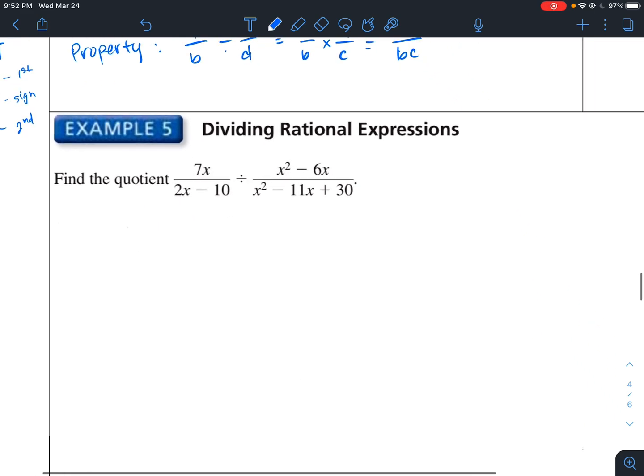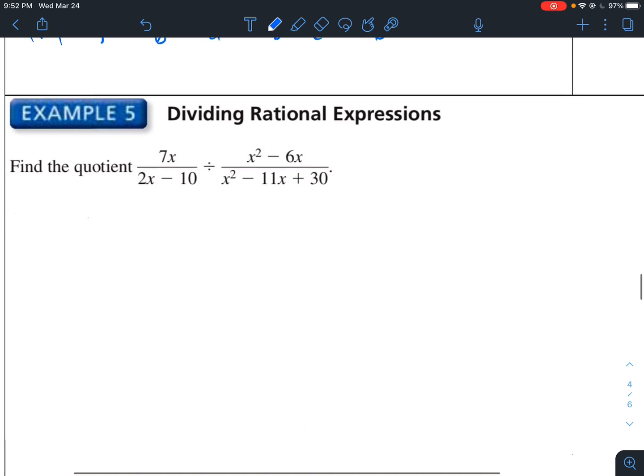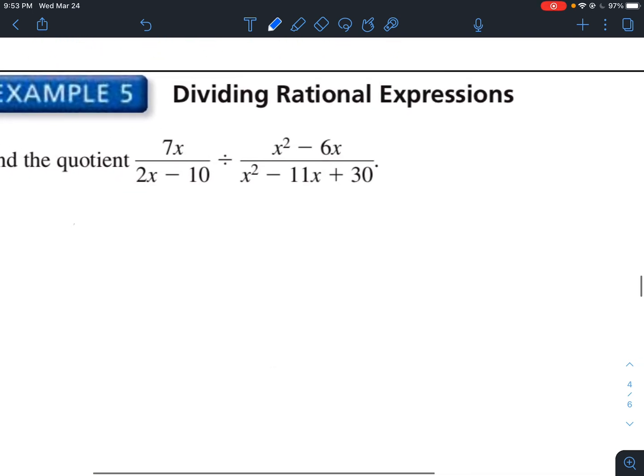So in this expression right here, we have 7x divided by 2x minus 10, divided by x squared minus 6x over x squared minus 11x plus 30.